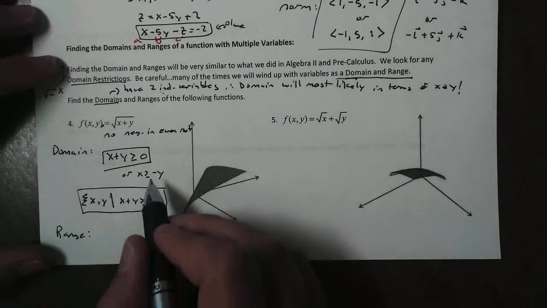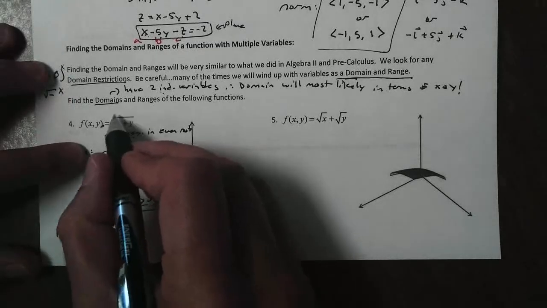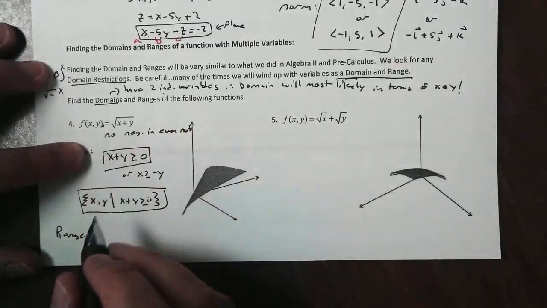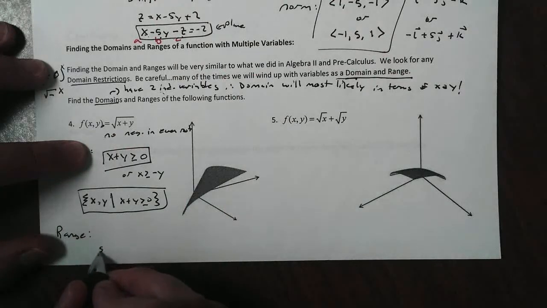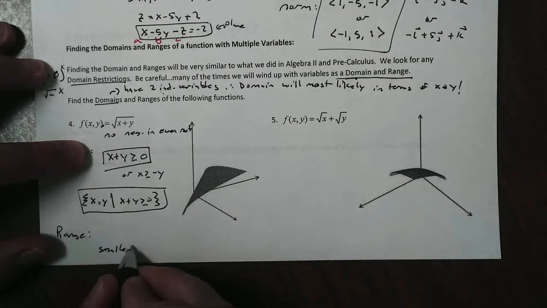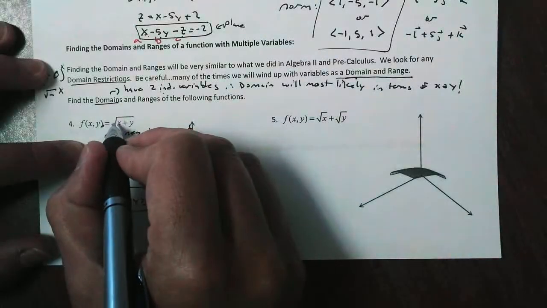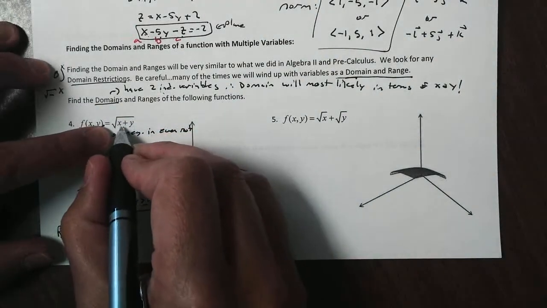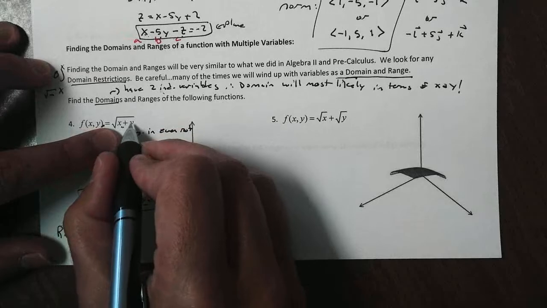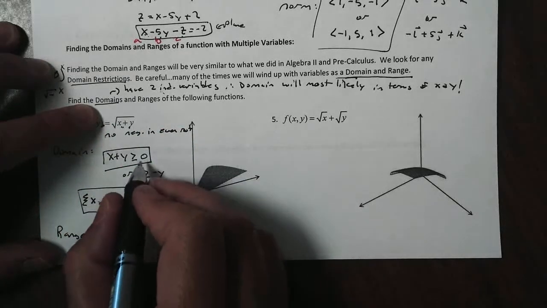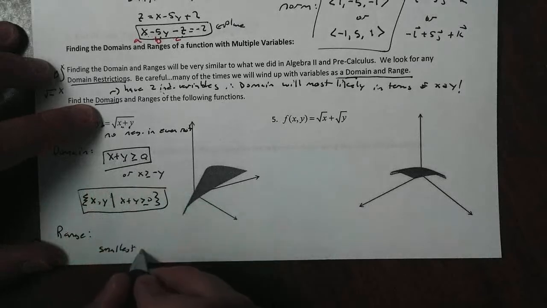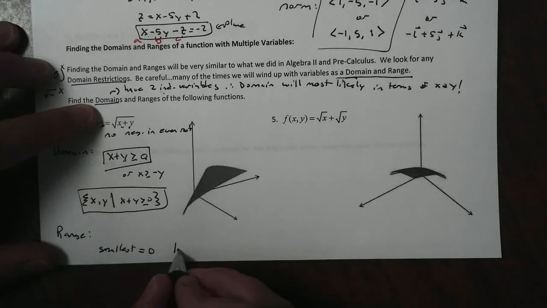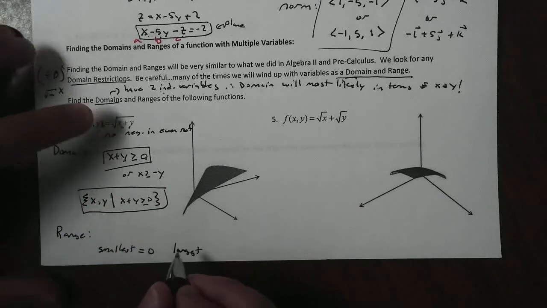Let's go ahead and calculate the range. To get the range, I always tell people, think about what's the smallest value. This will never be negative. Matter of fact, the smallest it can be is if both x and y were 0, since x plus y is greater than or equal to 0. So my smallest value is going to be 0. My largest value?